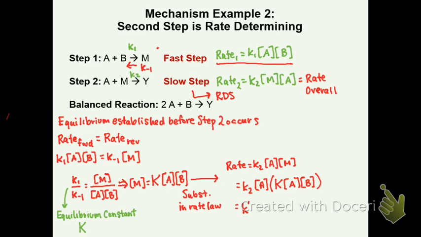And then that's going to be multiplied by the concentration of A squared times the concentration of B. And so this gives us a rate law that is expressed in terms of concentrations of reactants, which is a measurable value.